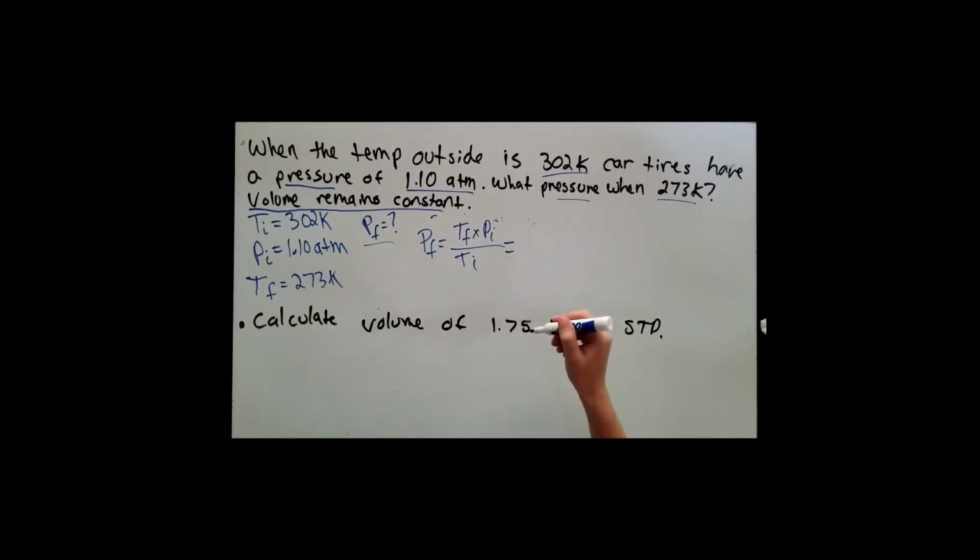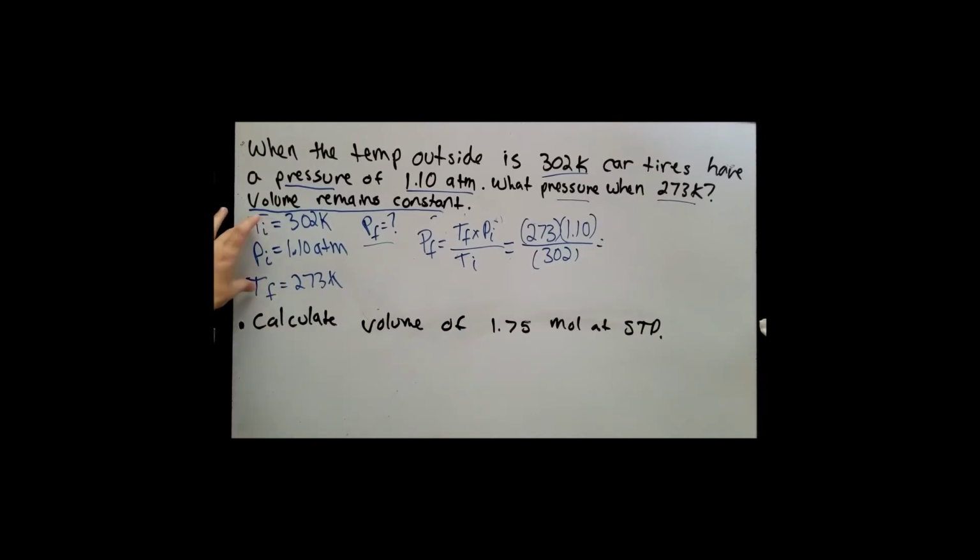So let's plug in final temperature, which is 273. For pressure, 1.1. Initial temperature, 302. Some things to point out before we calculate this: make sure you are putting the right numbers in the right places.